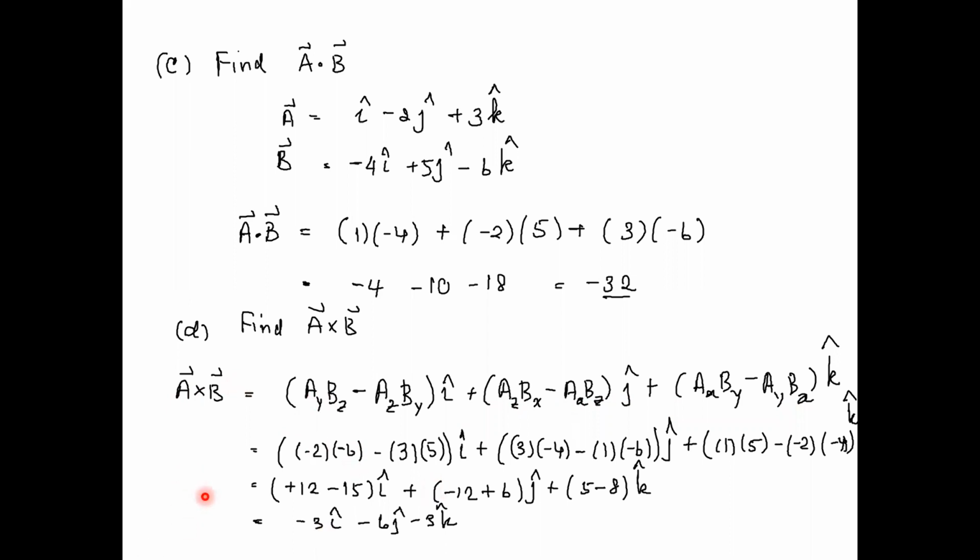We get A cross B equal to minus 3i minus 6j minus 3k. You can prove that it is perpendicular to both A and B by taking the dot product of this vector with A and with B. You will see that it gives us 0.